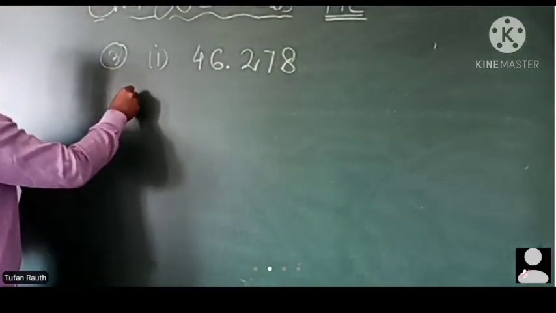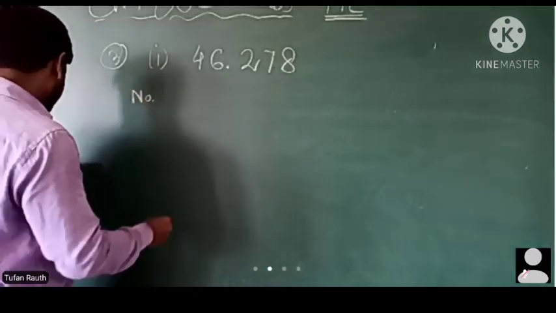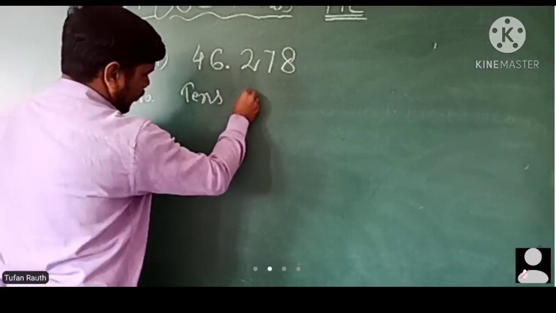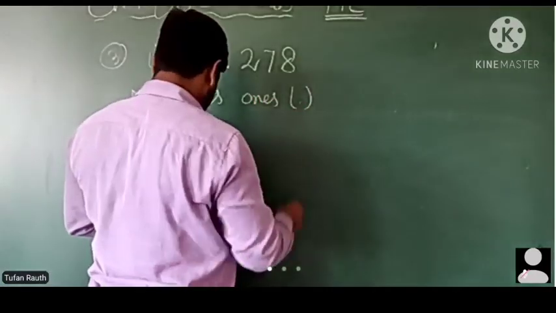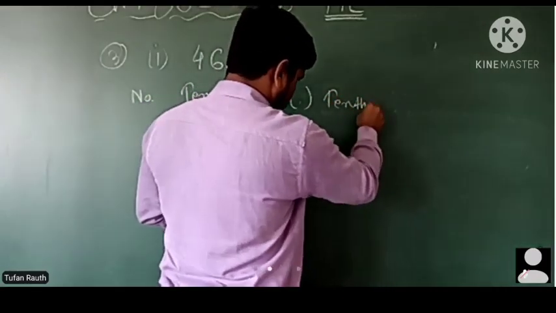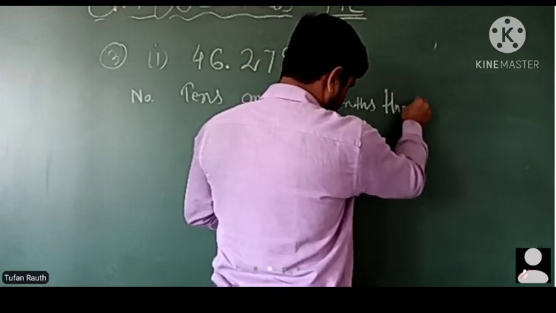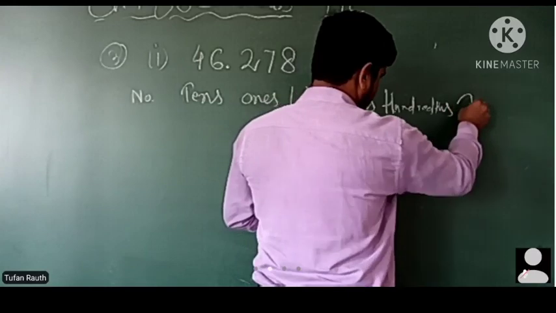Here we will write the number, and then we will write tens, then ones, then the decimal point, then tenths, then hundredths, then thousandths.